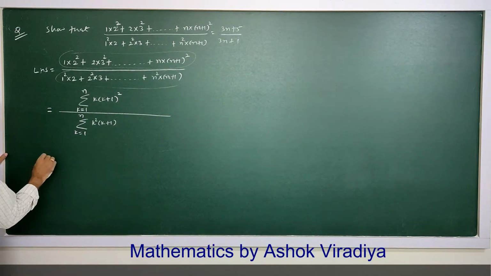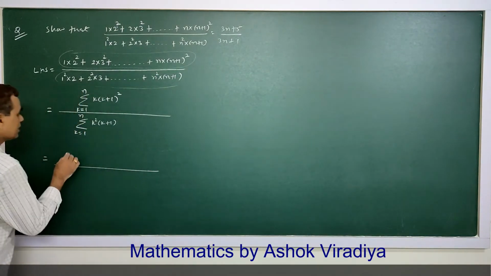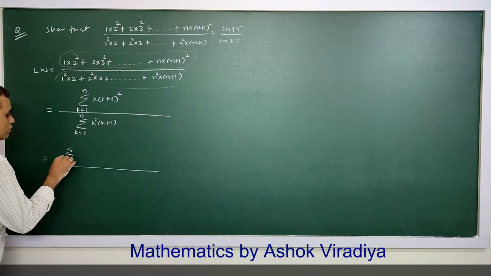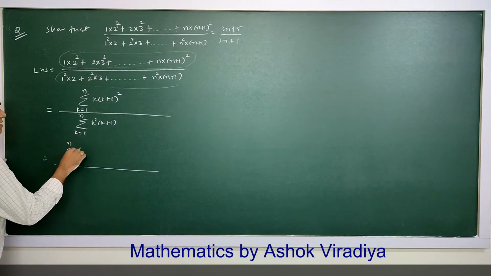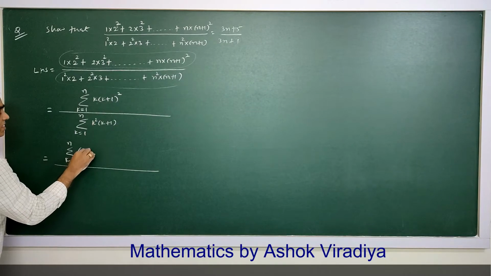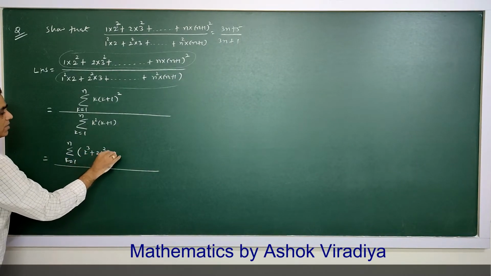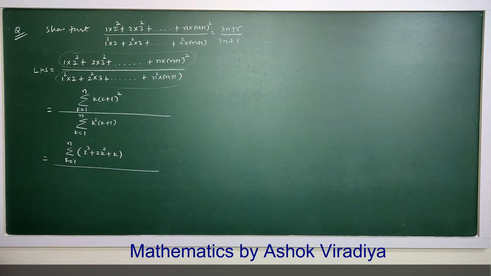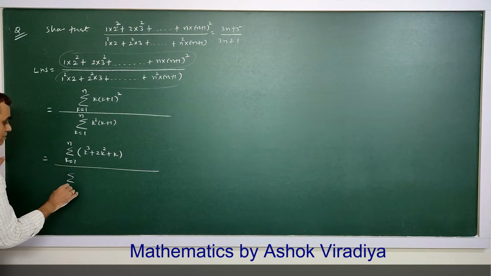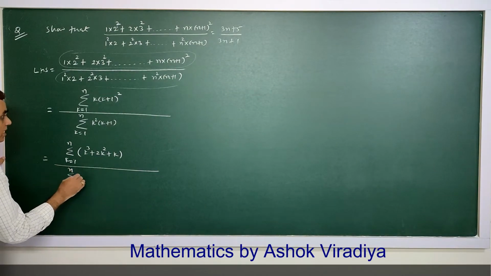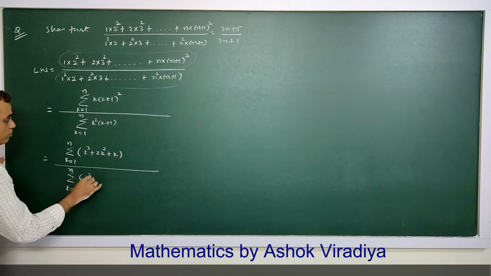So this is equal to sigma k equal to 1 to n of its expansion, k cube plus 2k square plus k. Upon expansion, because sigma is not distributive over multiplication, we write k cube plus k square.